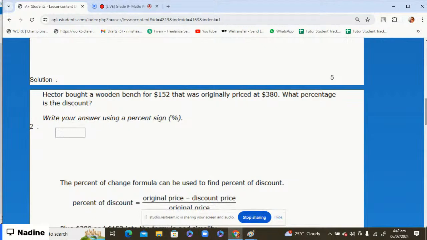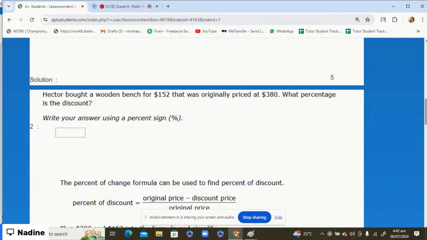So Hector bought a wooden bench for $152 that was originally priced at $380. What percentage is the discount?